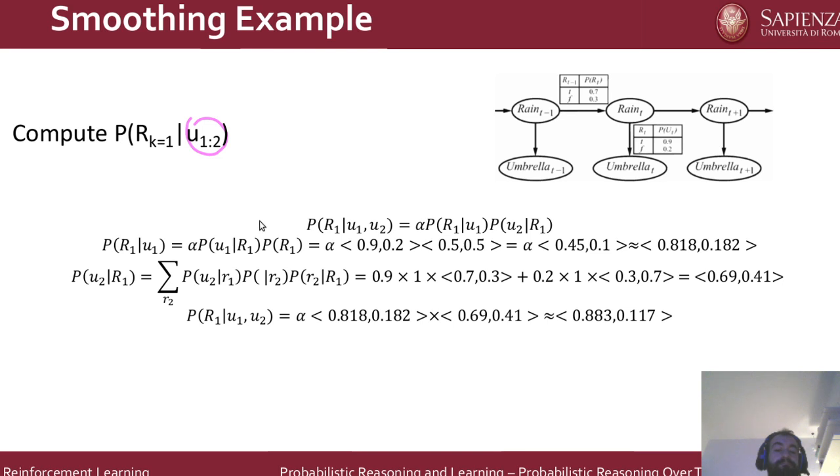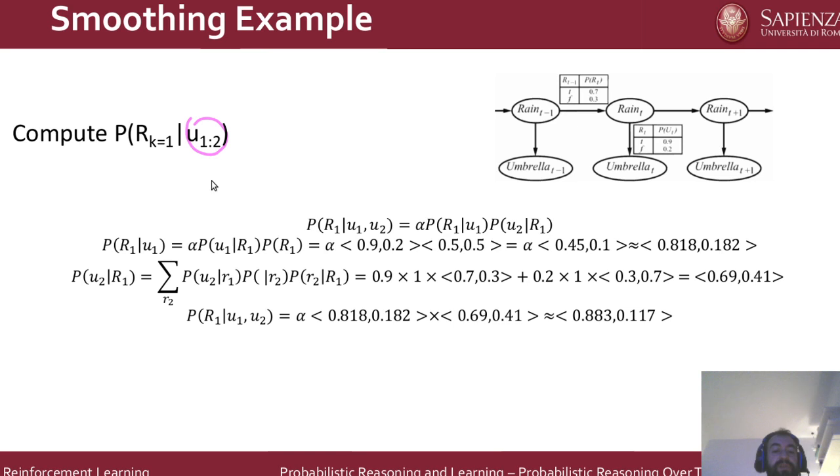So how do we compute this? The probability of R1 given U1 we can compute using Bayes here, and it will be the same as the probability of the observation being generated by the state multiplied by the prior over that state.